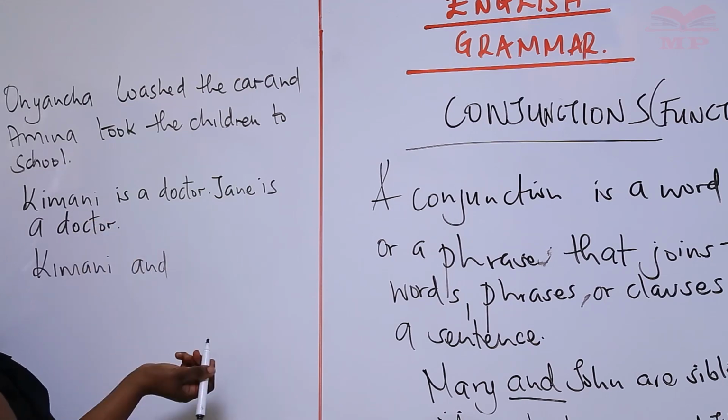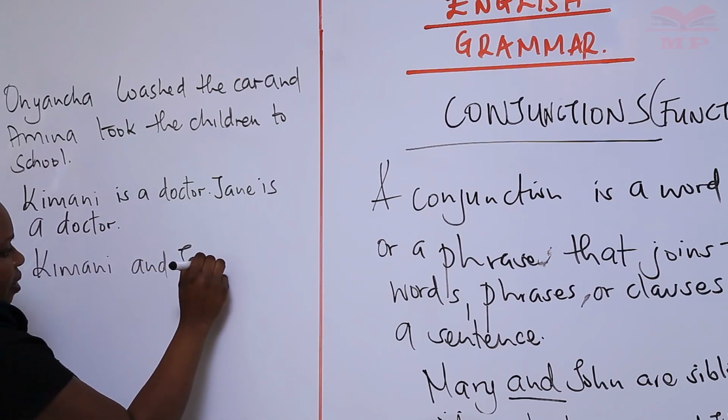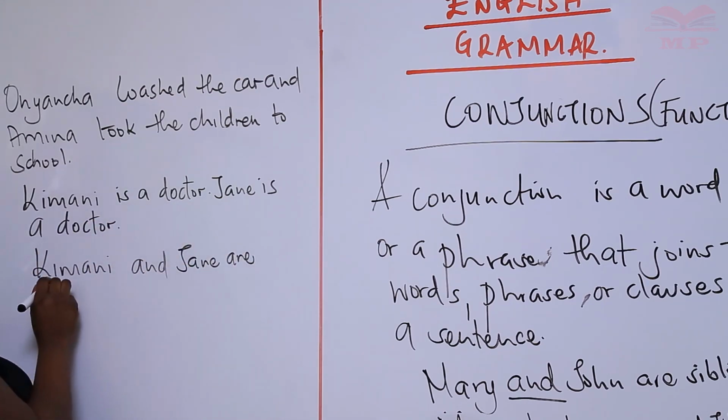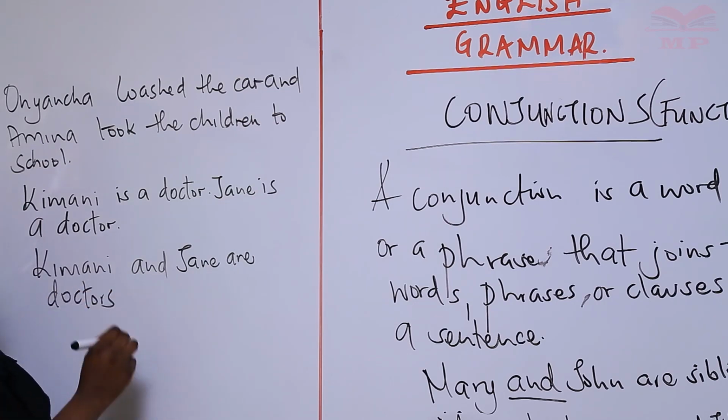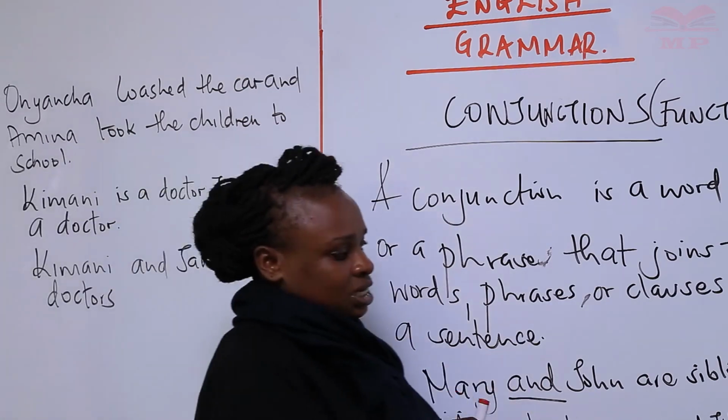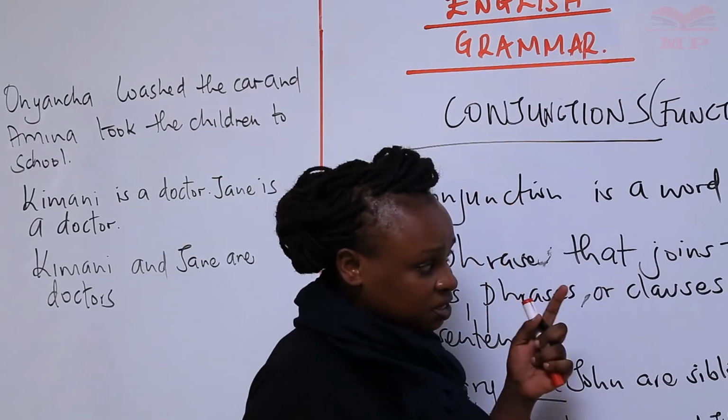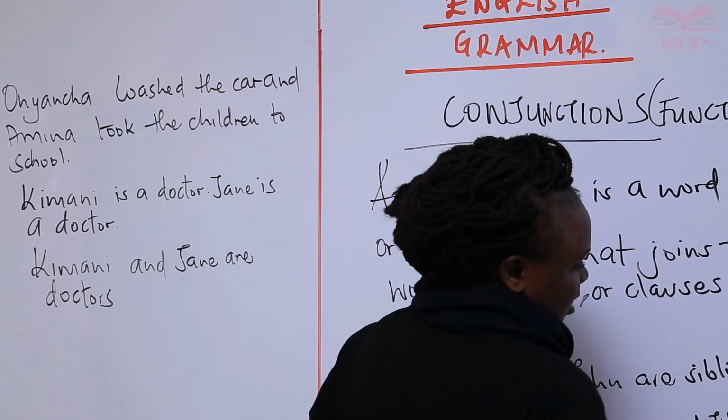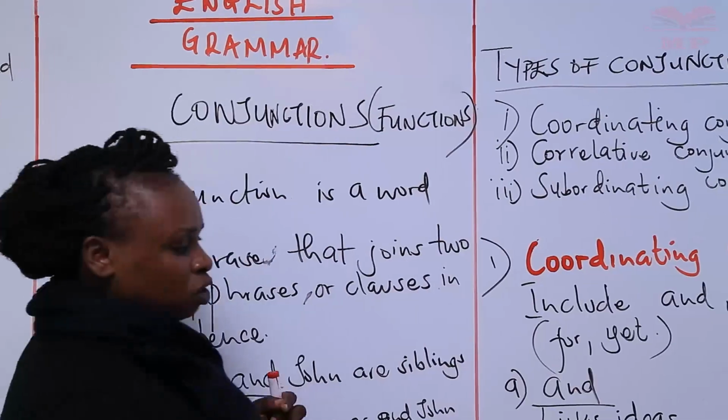So we are joining together using and. So Kimani and Jane are doctors. So in essence, we have said that one function of and, remember we are looking at functions of these conjunctions, is that they link ideas, they link events that follow each other.